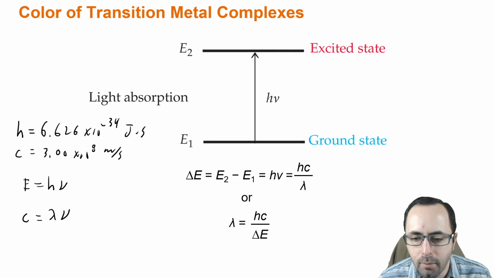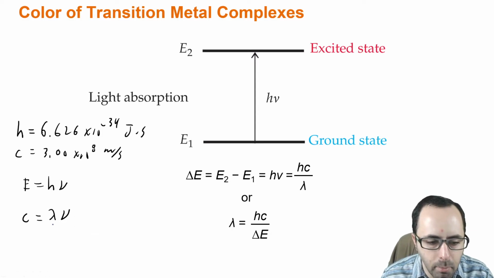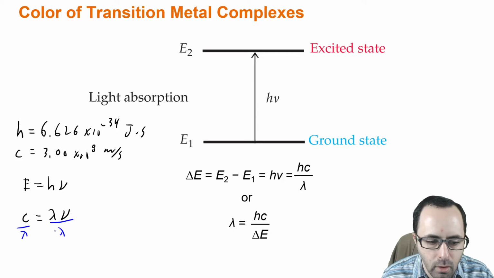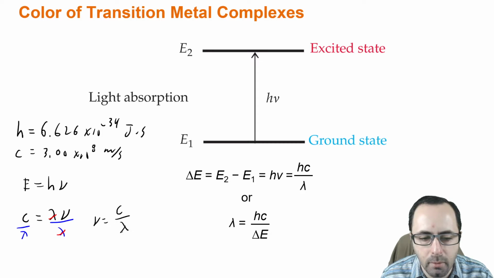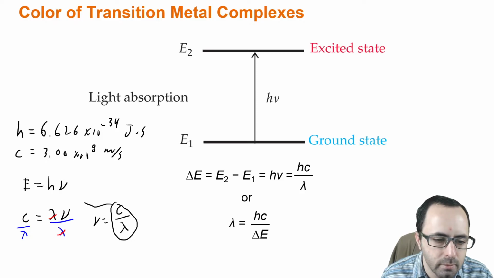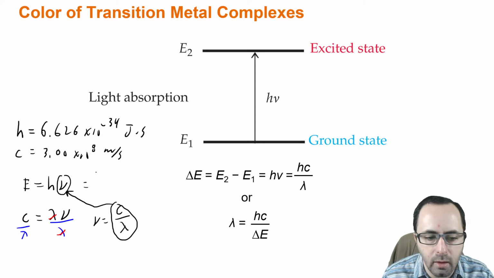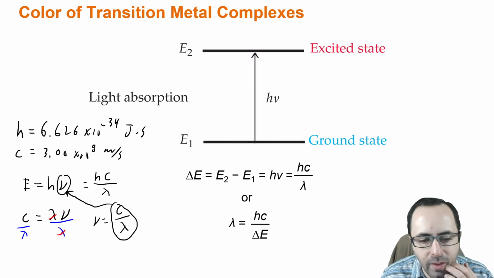If we combine these, if we divide both sides by wavelength, then the wavelength cancels and we get that frequency equals c over the wavelength. Plugging that in for the frequency, we get that the energy is h times c over lambda. So if you've got the wavelength, you can determine the energy.